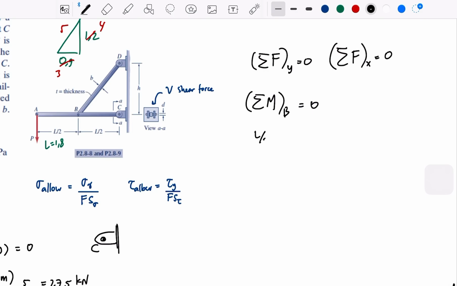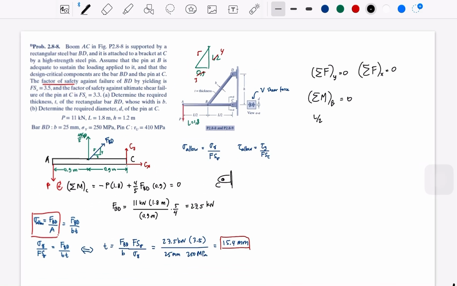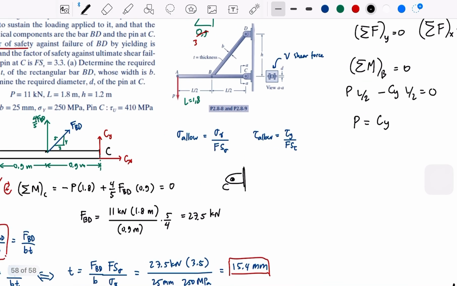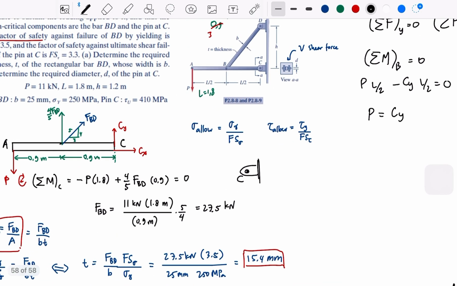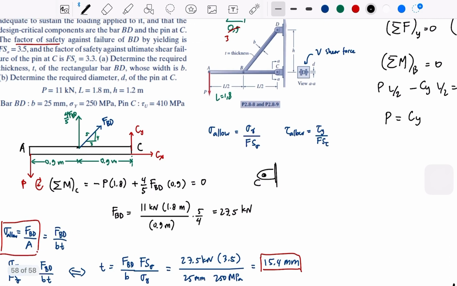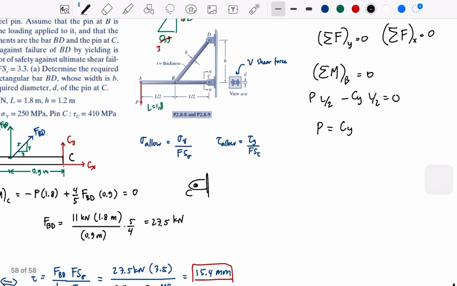So P times L over 2 minus Cy times L over 2 equals 0. So P is equal to Cy. Oh, this is plus.